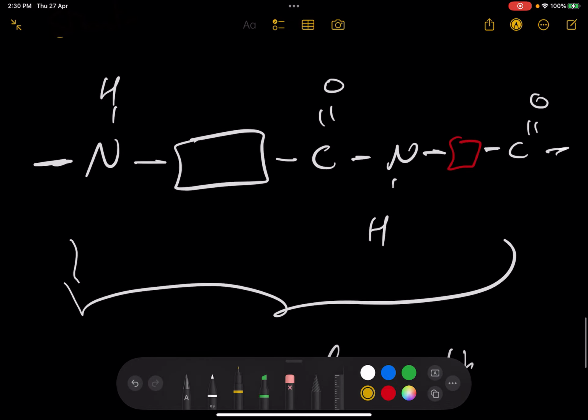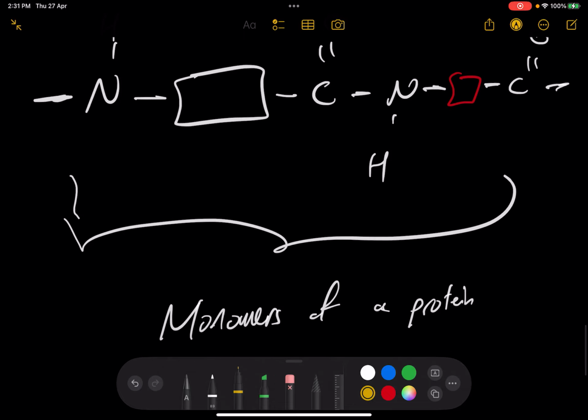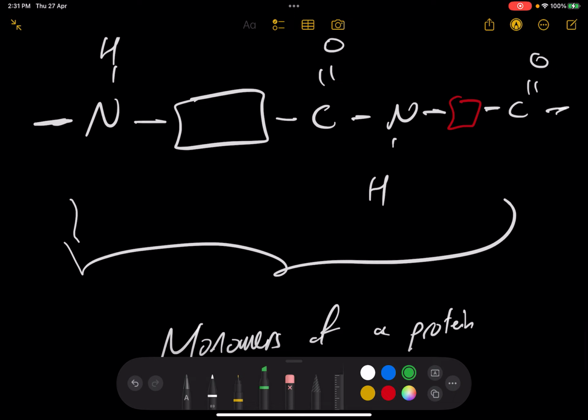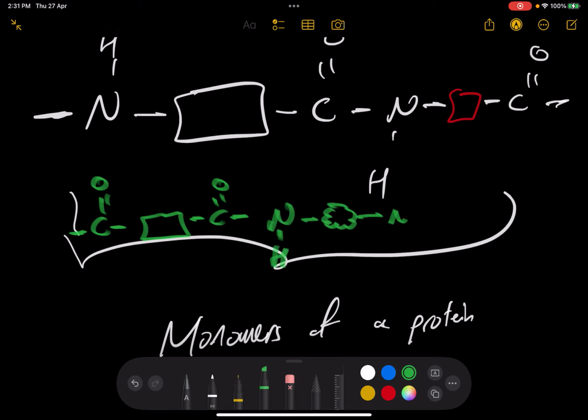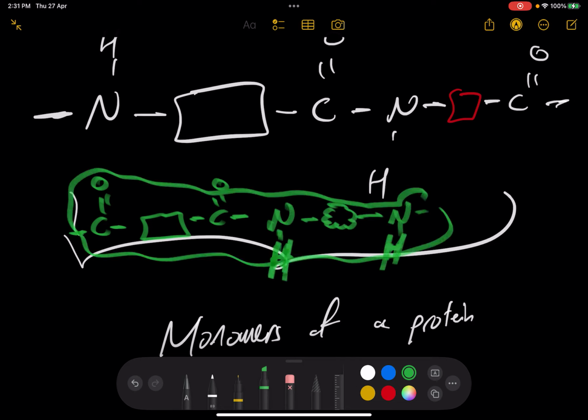It's very similar to the general formula of a polyamide, which is nylon. So let me draw the nylon formula here, in a very small way. This is nylon. Notice the difference.